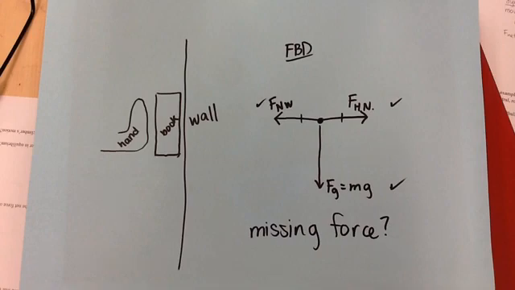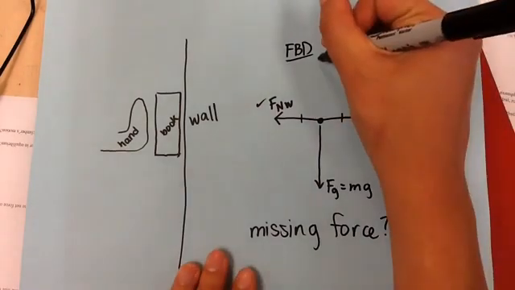The normal from the ground doesn't cancel because the book isn't touching the ground. There's no air resistance because air resistance only occurs to moving objects. There's no tension. Gravity's working the wrong direction. So what force am I missing here? Nothing? Okay. There is a missing force here, and that force is friction.